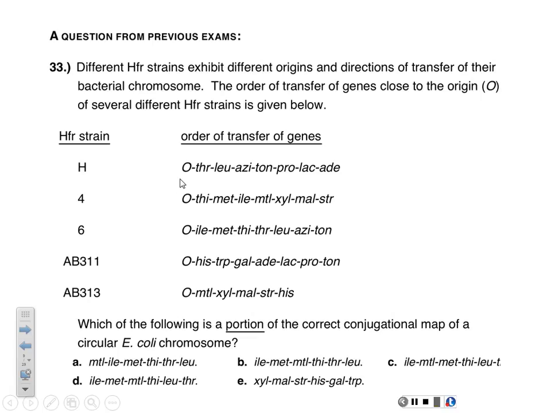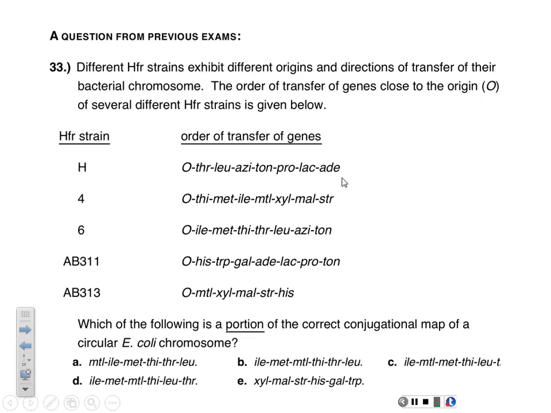But then notice for this strain, the very first thing really that you see getting transferred over is a gene that's involved with threonine biosynthesis. And what it does isn't important. It's just, look, there's a cluster of genes, and we'll call it THR. Then there's another cluster of genes, then another cluster of genes, and another, and this is the order in which these clusters of genes are getting transmitted from that HFR strain into other bacteria.